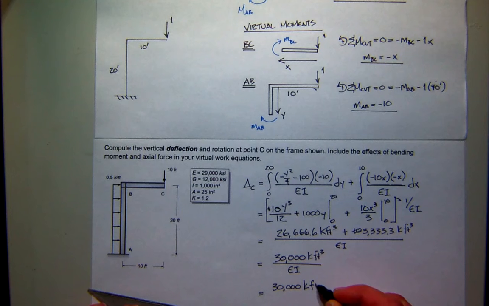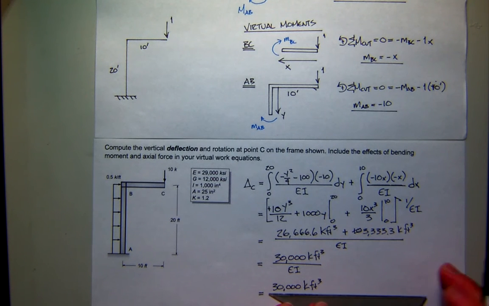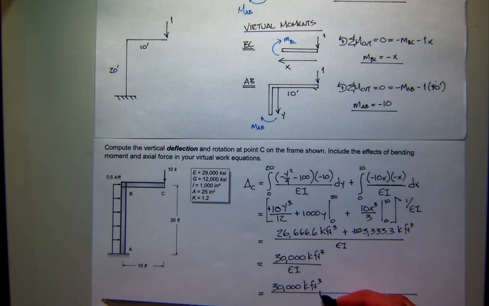kip feet cubed, and now we need to divide by E and I. So E is 29,000 kips per inch squared. I is 1,000 inches to the fourth, and then we need to convert the cubic feet.